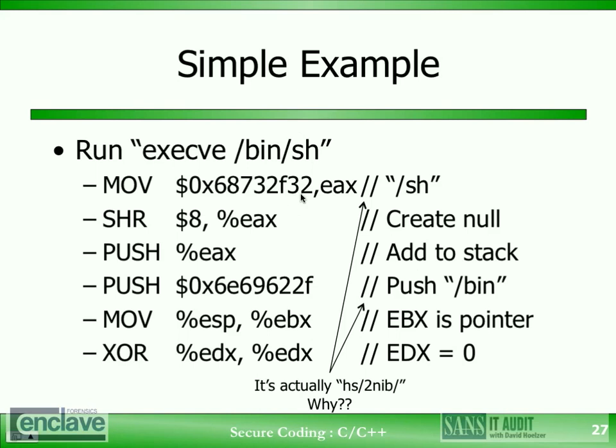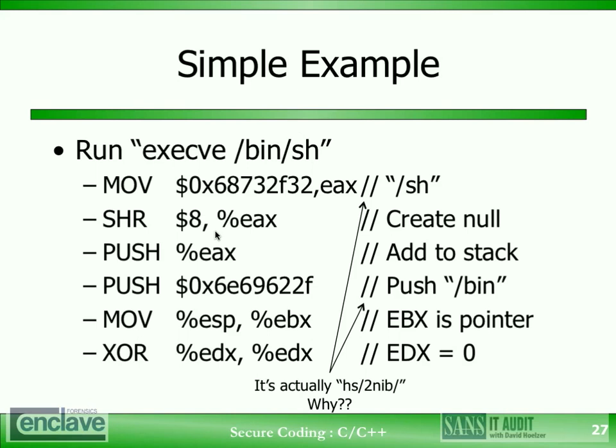Because we can change that value to something else. For instance here, after we move that value into EAX, we then shift EAX right 8 bits. So we had HS/2. When we shift that right 8 bits, we end up with a null moving in on the left-hand side, followed by HS/, and the 2 is truncated.